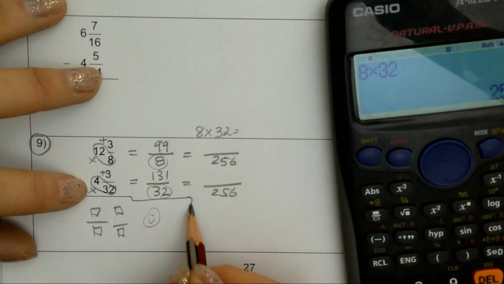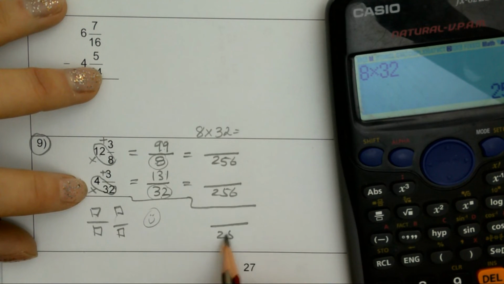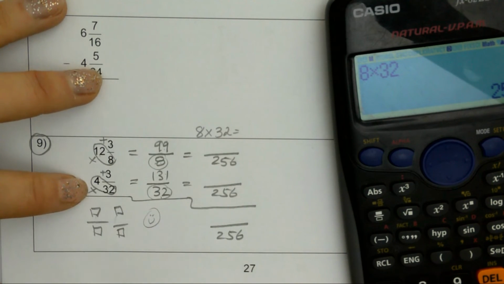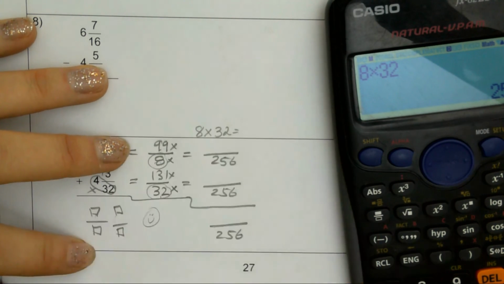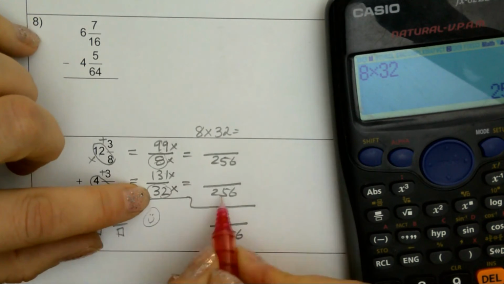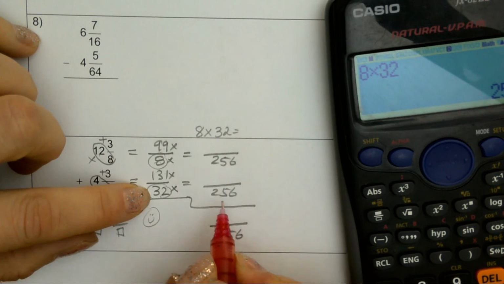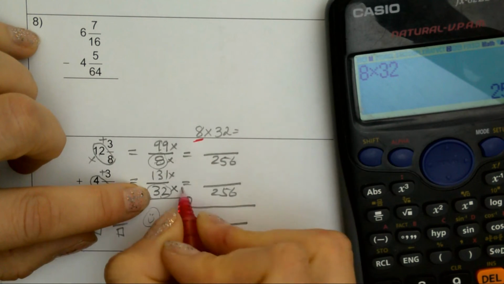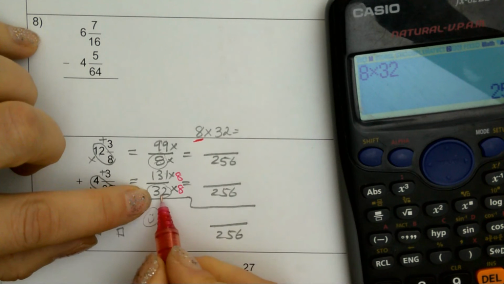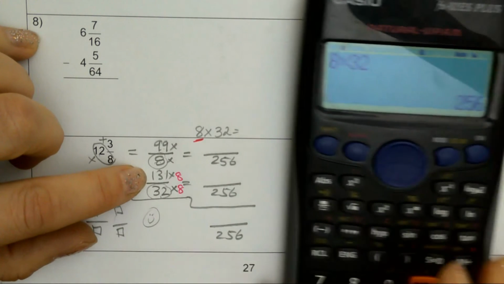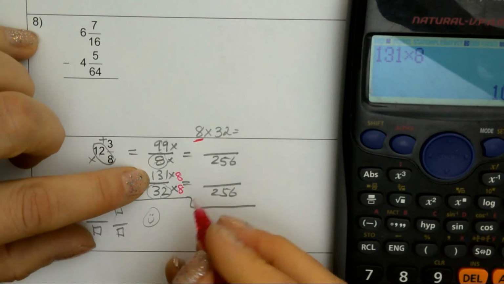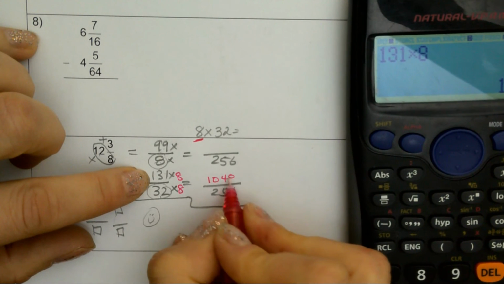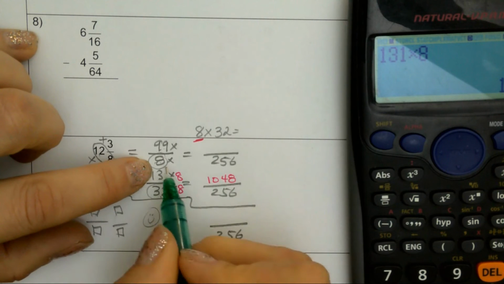So remember, also do the answer. Don't forget to do the answer. Now we're going to do multiply, multiply, multiply, multiply. So 32 times what is 256? I don't know, but it's here. So 32 times 8 is 256. 131 times 8 is 1048. 8 times what is 256?